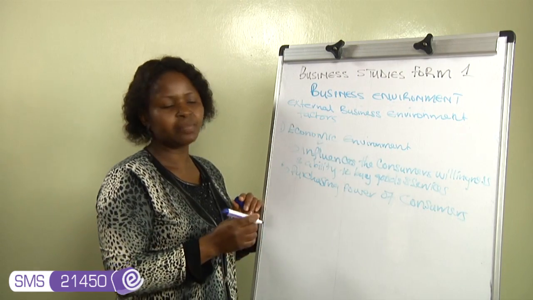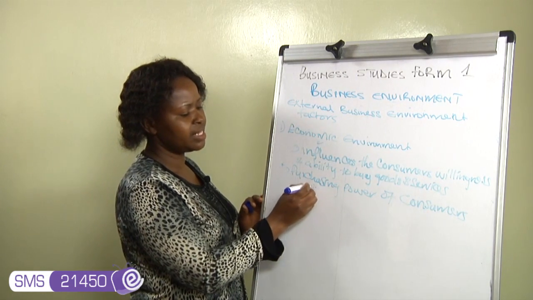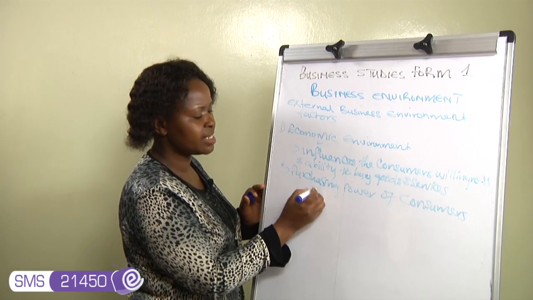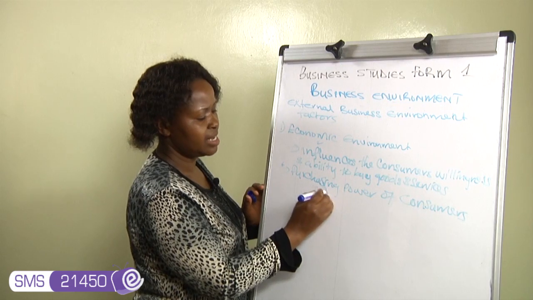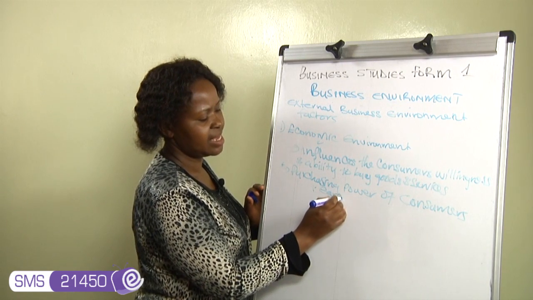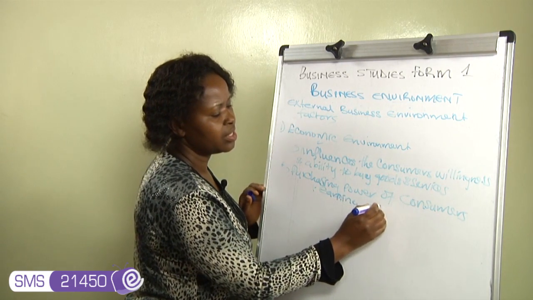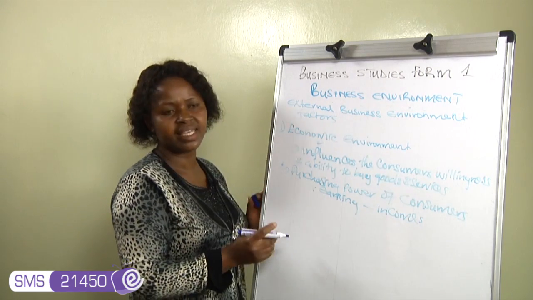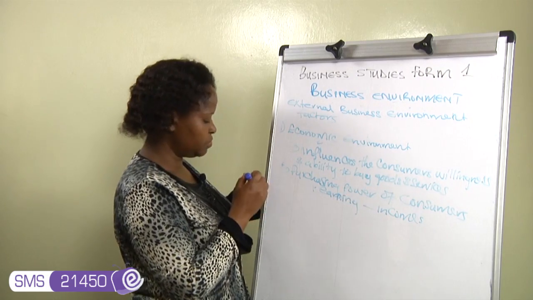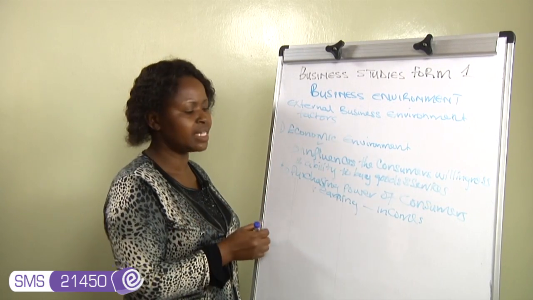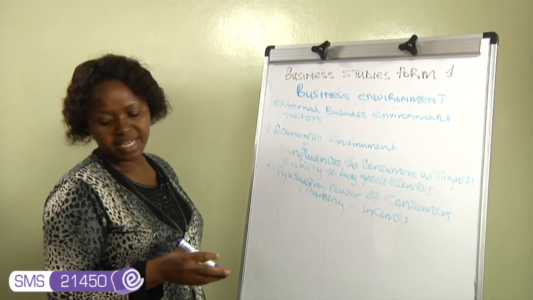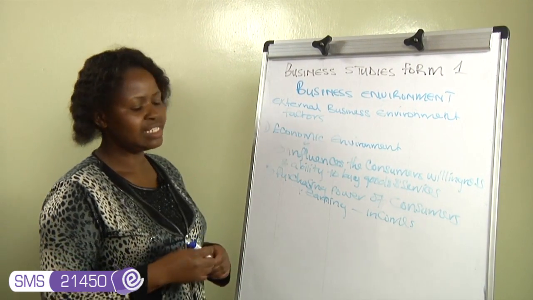And this purchasing power is influenced by, one, the amount of money that the consumers earn, the earnings or incomes of the consumers. With a higher income, you may be able to purchase more goods and services. With lower incomes, the amount of goods that you can buy also reduces.